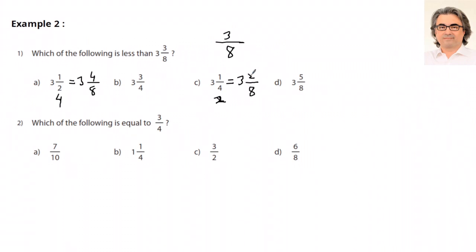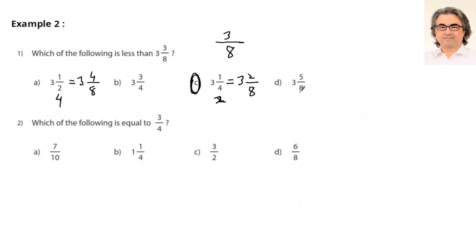I should compare numerators. 2 is less than 3. Because of this fact, 2 over 8 is less than 3 over 8. It means the given fraction in choice C, 3 and 1 over 4, is less than 3 and 3 over 8. So my solution here for this question is choice C.